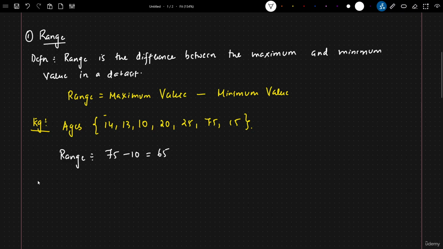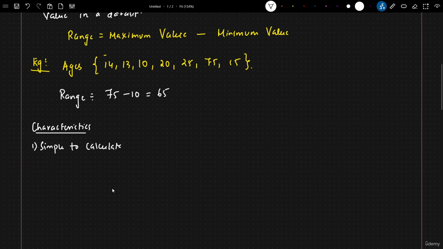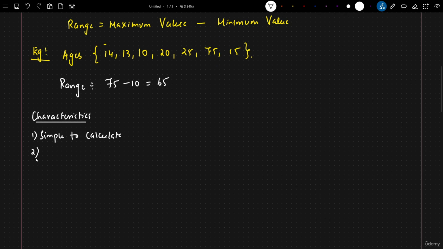Let's talk about some characteristics of range. The first characteristic is that it is very simple to calculate. Second, it is very sensitive to outliers.